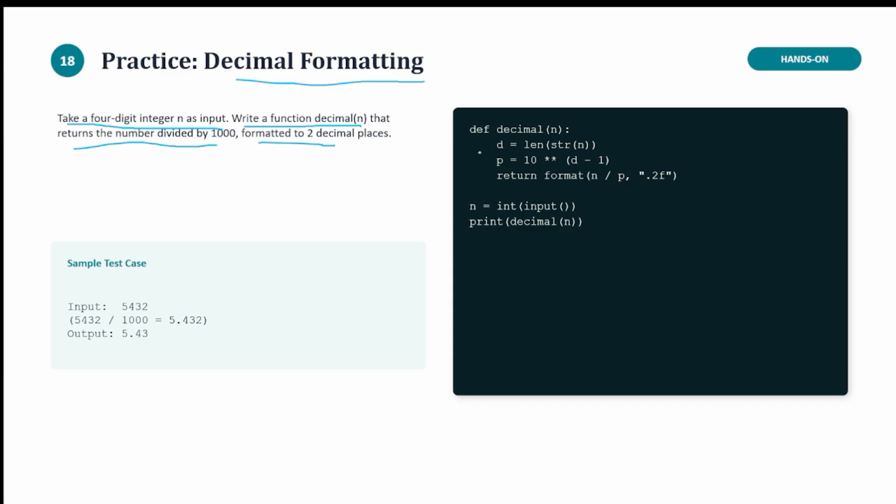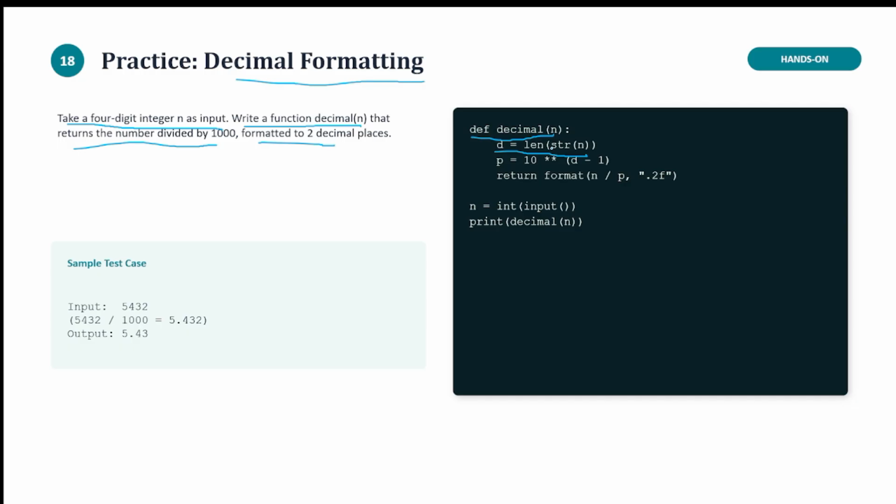So how are we going to write code for this one? For this question you can see we are going with def decimal here, and d equal to length of str n. Why are we using d equal to length of str n? Because we want the length of a string, and n was the number.